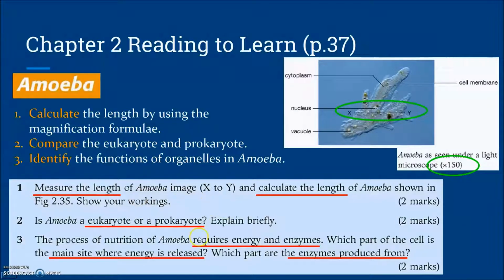In this case, they already give you the function, and they want you to relate it to the structure. And that is just the first step. The second step will be any adaptive feature of these organelles: what structure of the organelles makes it adapt to the function of these organelles.